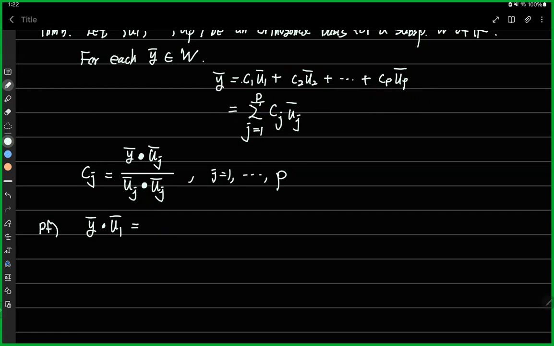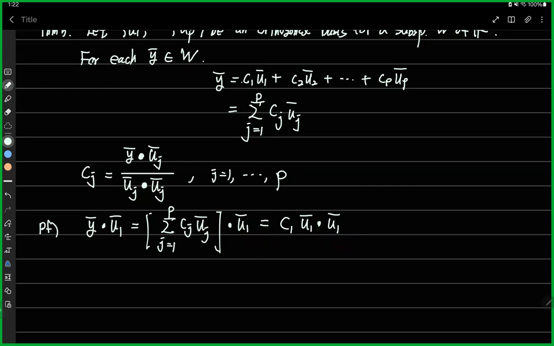This is similar to what we did in the previous theorem, Theorem 4. So y dot u1 is equal to the sum, j goes 1 through p, of cj uj dotted with u1, which is equal to c1 times u1 dot u1, right? Why is this equal to this? Because u1 dot uj, where j is not equal to 1, turns out to be 0, right? So that's why we got this.